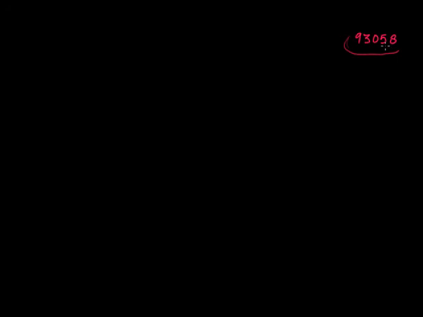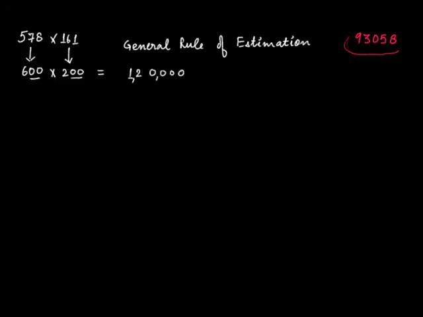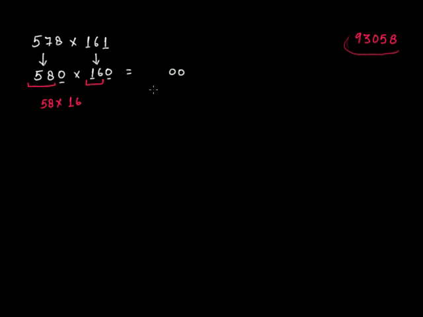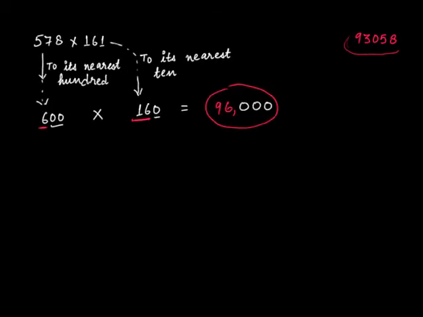Now check the first one. When you apply the general rule of estimation, it is 1,20,000, right? Now come to the next one. We saw here that it was not a good idea to follow this path because 58 times 16 will be a tough one for you to calculate in your mind, so we'll leave it. Now come to the next one.